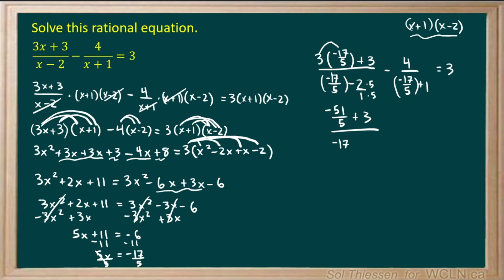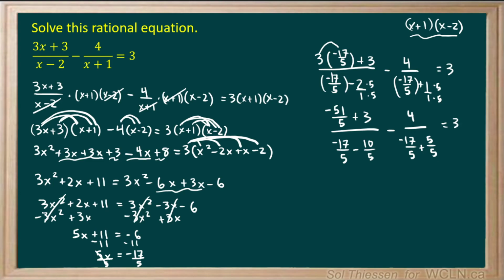We'll have negative 17 over 5 minus 10 over 5, and we'll have minus 4 over negative 17 over 5 plus 1. Again, we'll put 1 over 5, so we'll multiply numerator and denominator by 5, so we'll have plus 5 over 5. That'll be equal to 3.